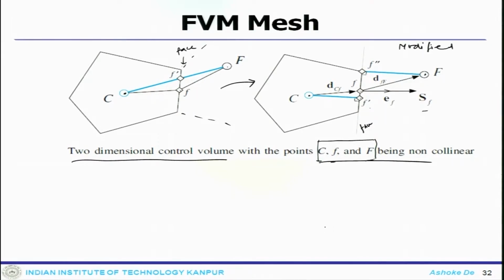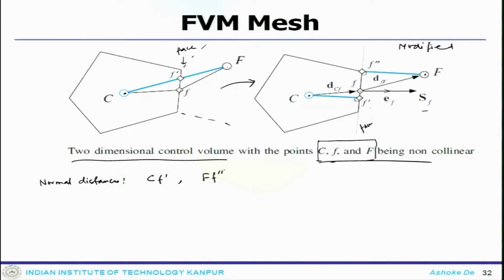In that case there are some normal distances. One is for element C and the normal there, and for the neighboring element F the other normal is the double prime. So these are the two normal distances.